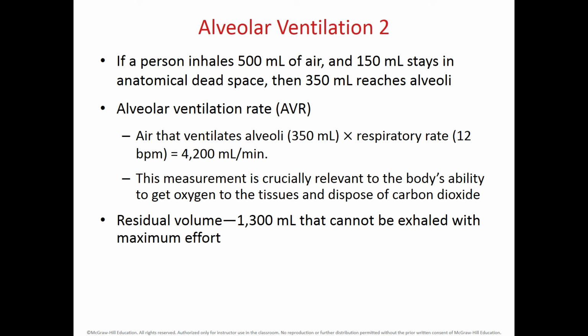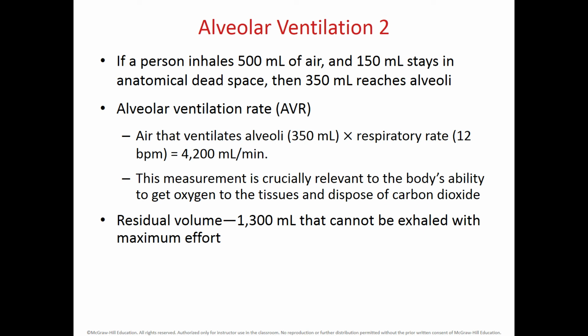So, in alveolar ventilation, if a person inhales 500 milliliters of air, 150 will stay within the anatomical dead space and 350 will reach the alveoli. And in order to calculate the amount of air available for alveolar ventilation or gas exchange, all you need to do is multiply the 350 milliliters of air that reaches the alveoli times the rate of respiration.